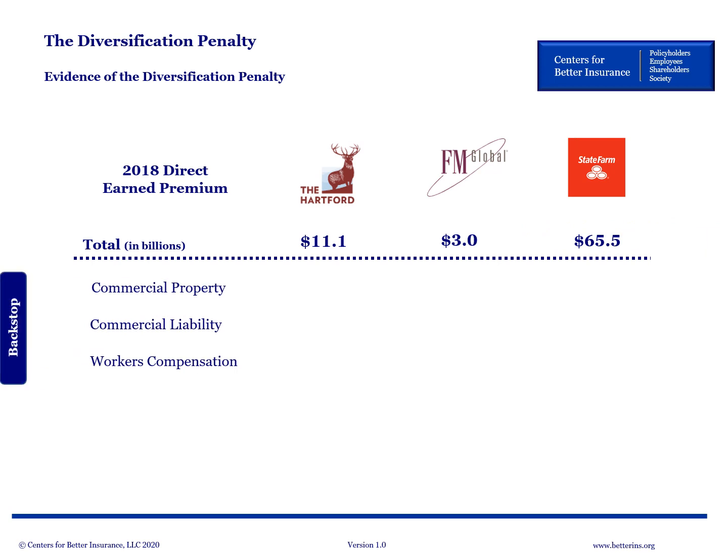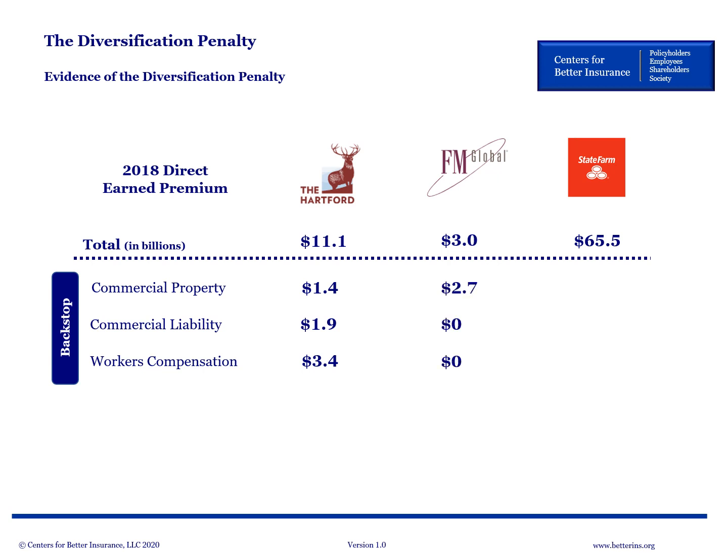About 60% of Hartford's overall premium contributes to its insurer backstop. 90% of the premium written by FM Global, the commercial property specialist, drives its insurer deductible. Only about 5% of State Farm's overall premium is used to calculate its backstop deductible.